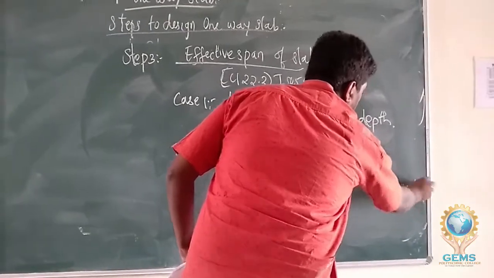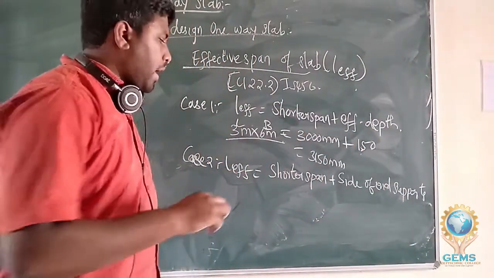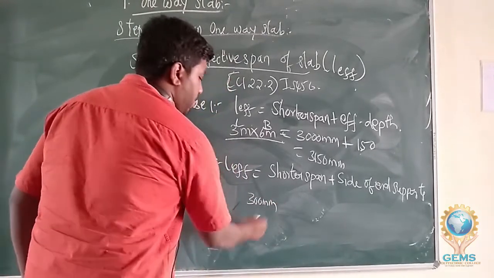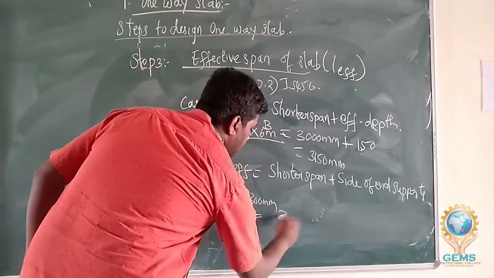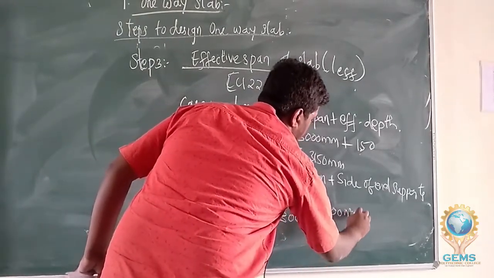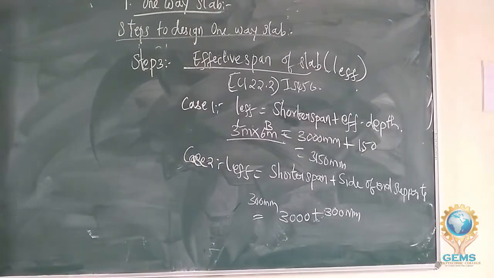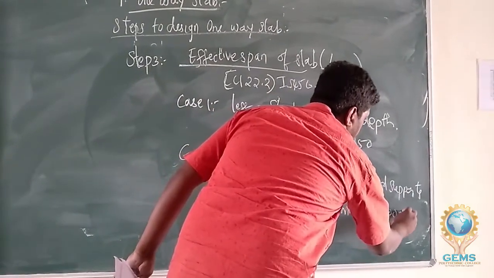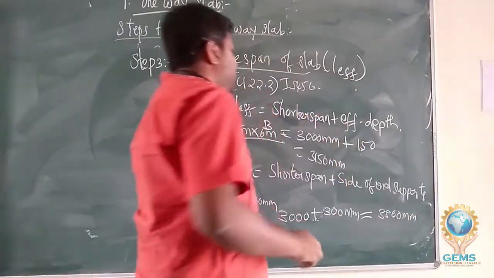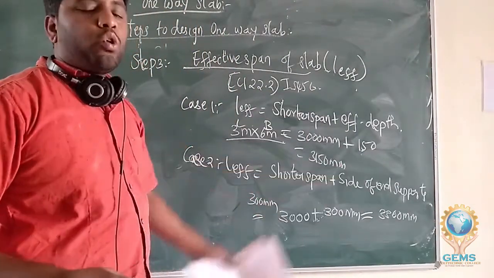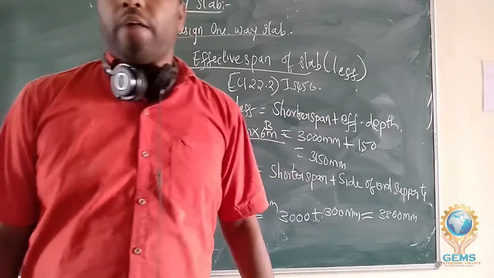If in the question the width of end supports is given as 300 mm, for example, in case the question gives it, you can calculate. So 3000 plus 300 mm. So how much is it? It is 3300 mm. Compare these two cases, which is the smaller value? 3150. So you should take the smaller value for the effective span.